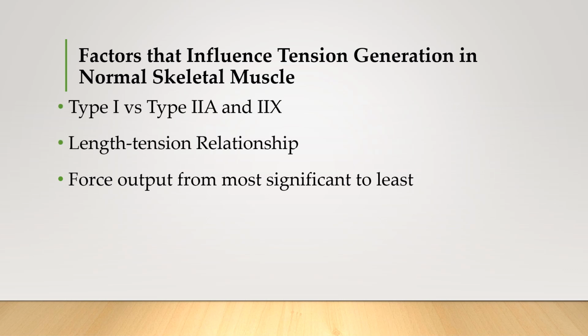Okay, so let's talk about some of these factors that influence tension generation in normal skeletal muscle. So we have these first two up here that we're going to talk about. Let's look at all these different muscle fiber types. So we have our type 1, our type 2A, and our type 2X muscle fibers.